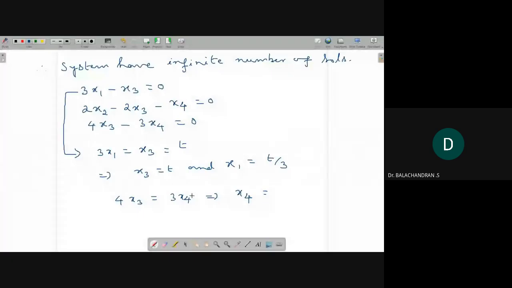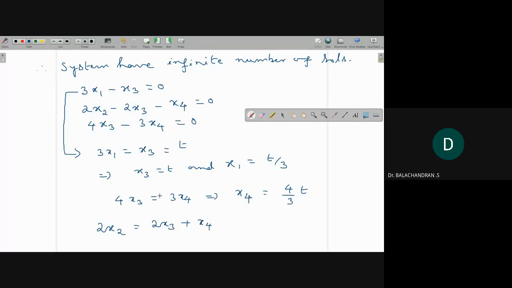So now x4 is equal to 4 by 3 into x3. What is x3? x3 is t. Okay. I need only x2. So from the second equation, 2x2 is equal to 2x3 plus x4.